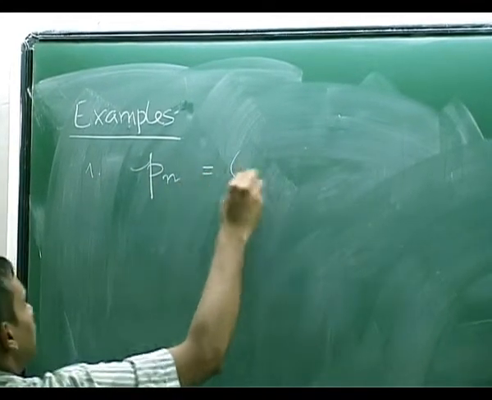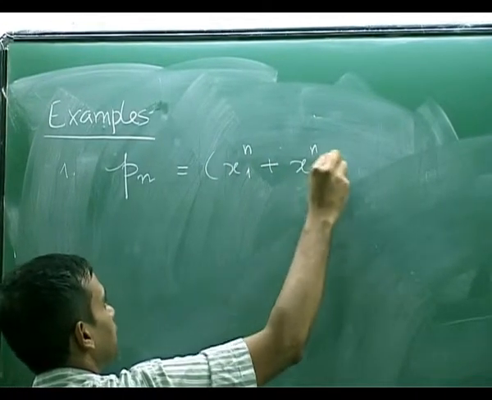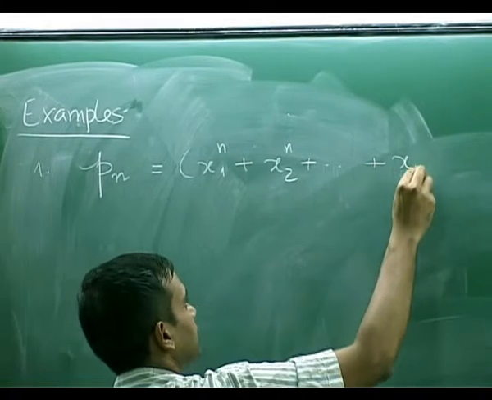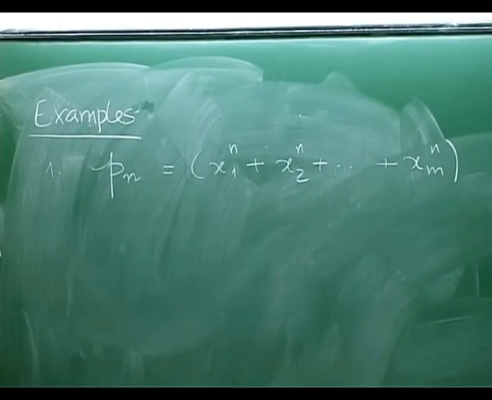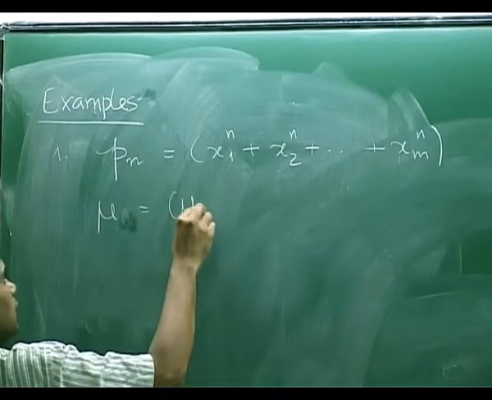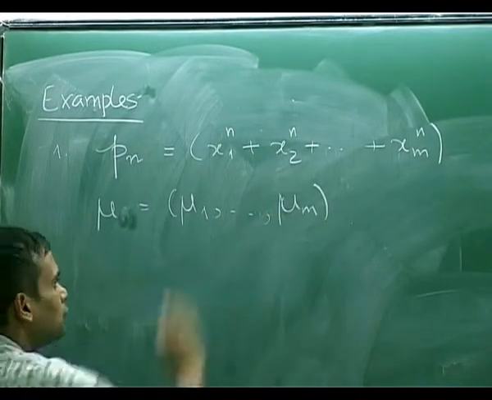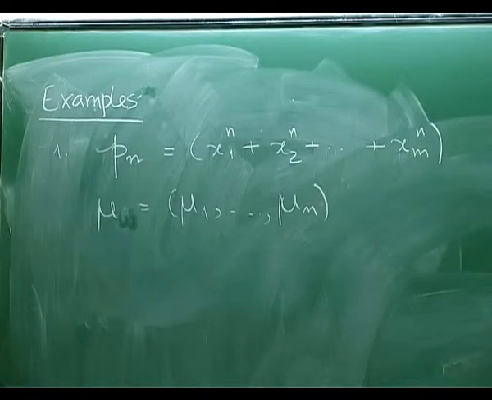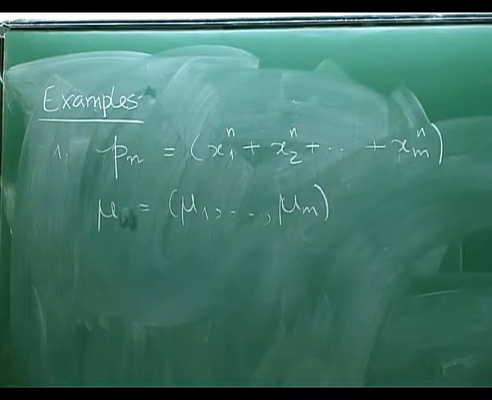p_n is just defined as x1 to the power n plus x2 to the power n plus ... plus xm to the power n. So this is a power sum, and given any partition μ = (μ1, ..., μm). Now with partitions, if it has fewer than m parts, I'll just make it m by putting some zeros at the end. So we won't worry too much about that, but certainly this μ cannot have more than m parts.